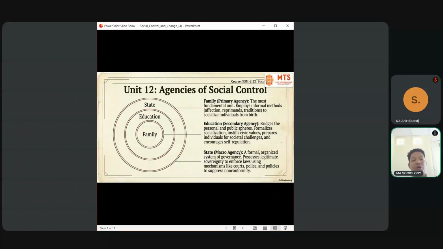So family is more or less the most fundamental unit. It employs informal methods, affection, reprimands, and traditions to socialize the individual from birth. From the very childhood onwards, in the family we are socialized how to eat, how to sleep, when to eat, what to respect, and in what way to act in different spaces.